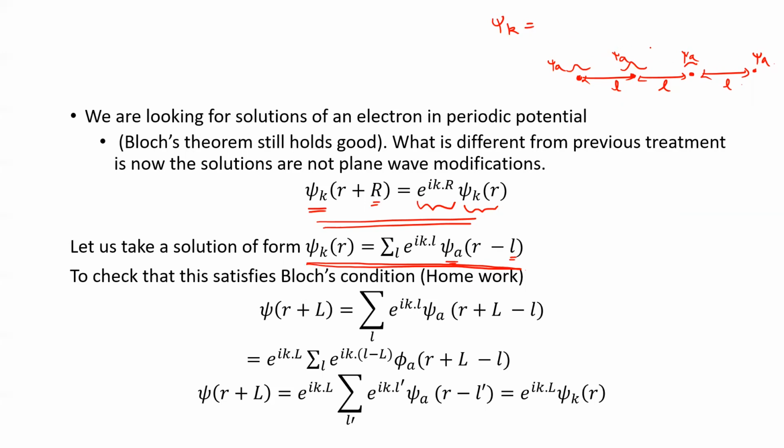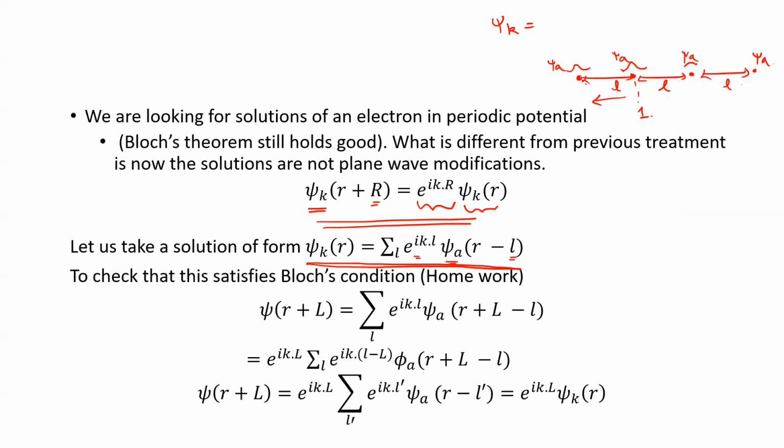When I mix them together, I find the final psi k to be a summation of all these things, right? But then you know that this psi at this lattice point, let's say the first lattice point, if you translate this by a lattice vector L, then it has to be phase multiplied, correct? So this is just written in a different form of the Bloch equation.